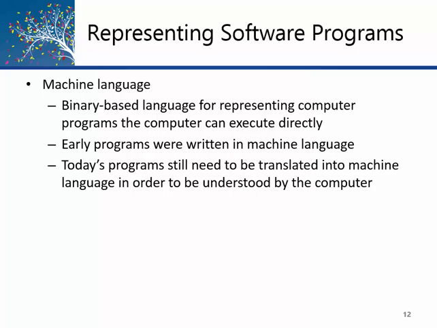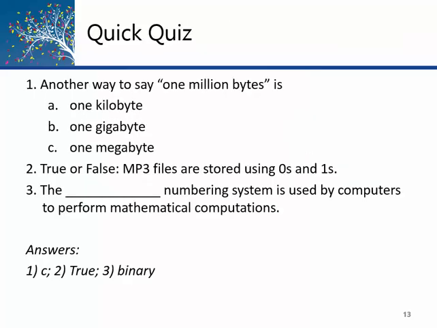We don't actually work in machine language. We work in something called a programming language, which is higher level and more English-like. But we translate our programming language down to ones and zeros so that the CPU can understand it and execute the program. If you could look inside a computer, everything there, the data, the video, the images, the audio, the text, and the programs themselves are all represented as ones and zeros.